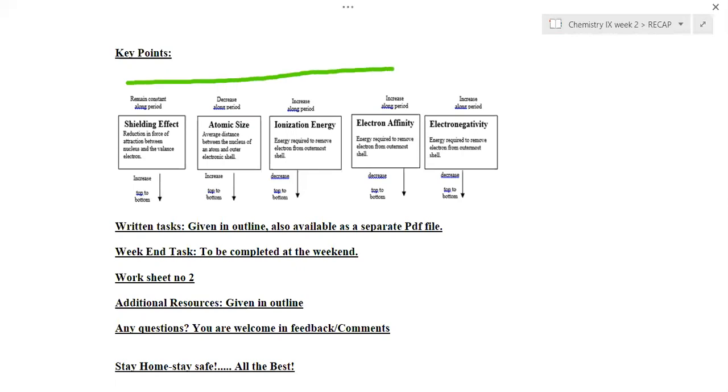Over here you are given the group trends, period trends, and over here you are given the group trends. See these two.